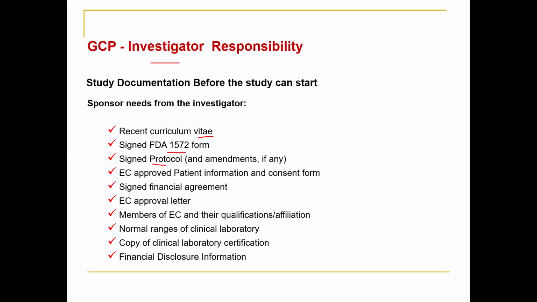They sign the protocol. If there is an amendment, they sign that. They sign the patient information sheet and consent form, and the financial agreement, right? The EC approval letters, members of EC and their qualifications, the investigator is the one who needs to share everything with the sponsor.